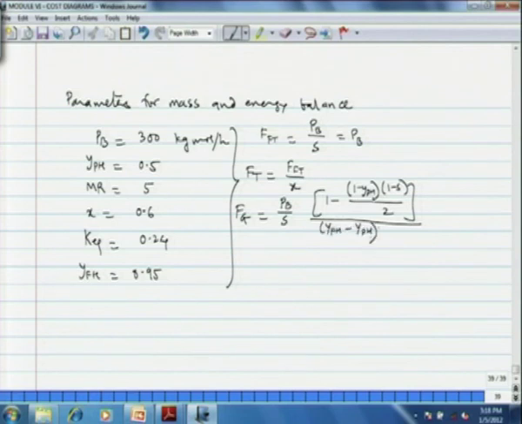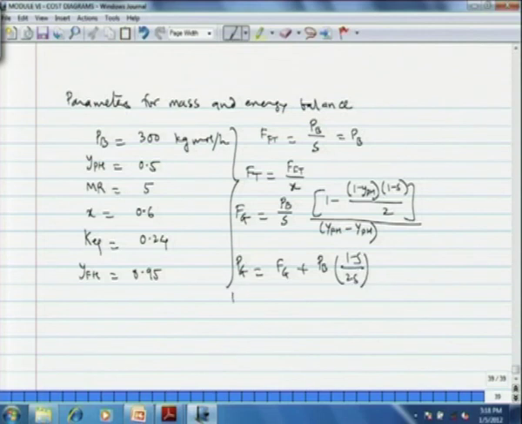All of these formulae we have derived in module 2. So, you are supposed to go back to module 2 and revise to see how these formulae have come. Purge gas is fresh gas plus Pb into 1 minus S by 2S.